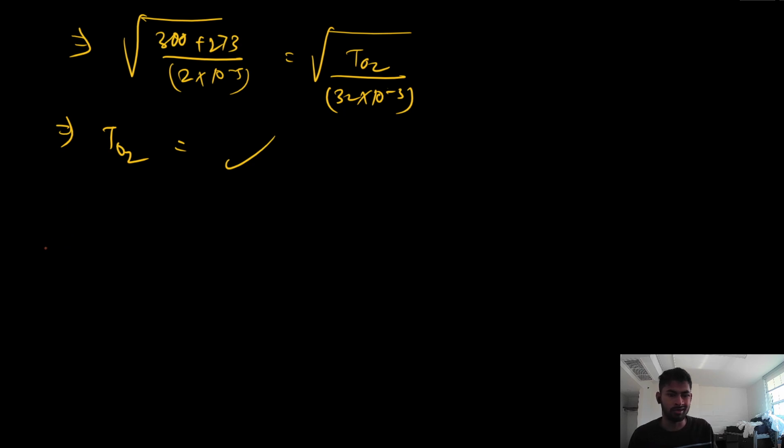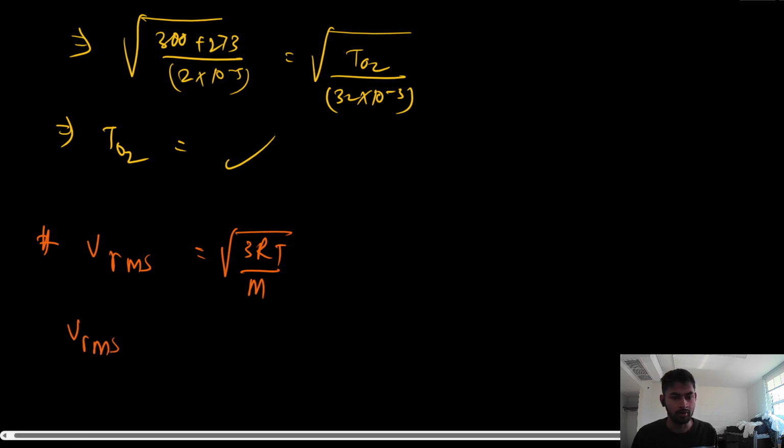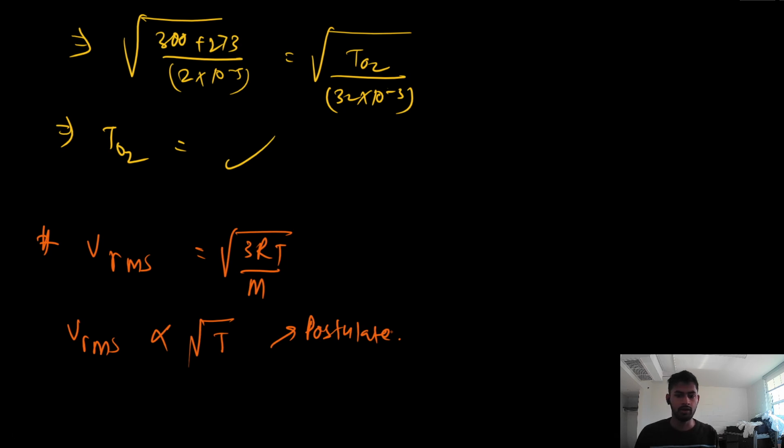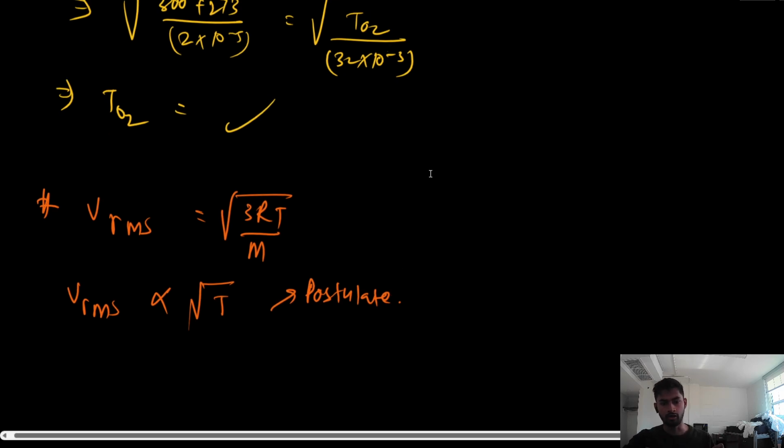Now, I would love to discuss some proportionality that is in this problem. We know that Vrms is equal to the square root of 3RT by M, and as we have discussed earlier, Vrms is directly proportional to the square root of T, which is a postulate in itself, right? Now, how can we derive this equation to get other forms of the equation?